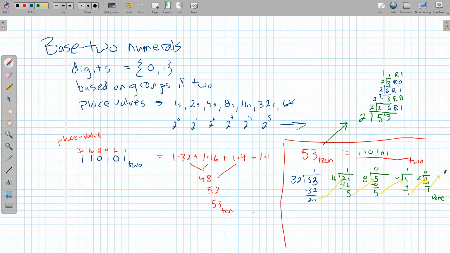Keep going. 2 goes into 1 0 times, aha, but I need the remainder, 1. And here's the answer, 1, 1, 0, 1, 0, 1. We always read it from the top down, and the flag that we're done is that 0. Let me read the number downward.